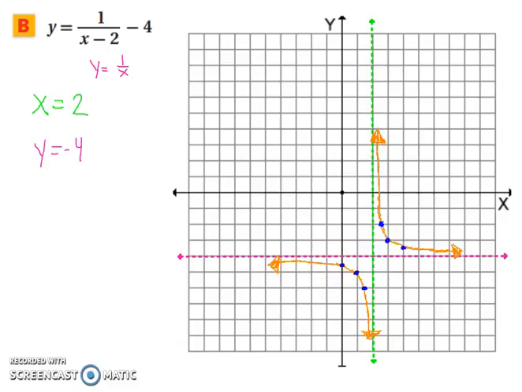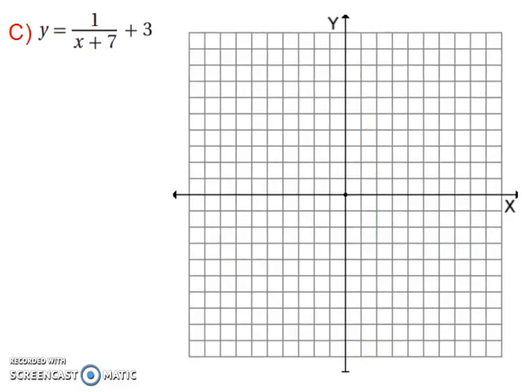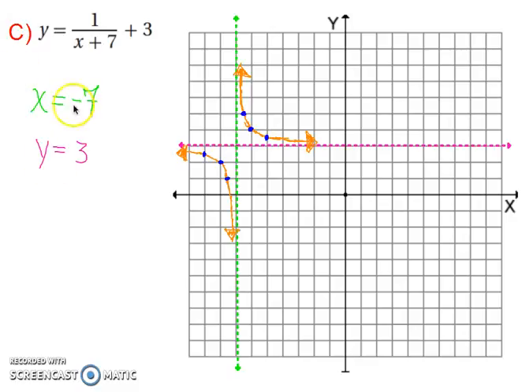Let's try another one. So this time, try to graph this one entirely on your own from start to finish, including getting your asymptotes on your own. When you return to the video, the answer will be revealed. So your two asymptotes are x equals -7 and y equals 3.